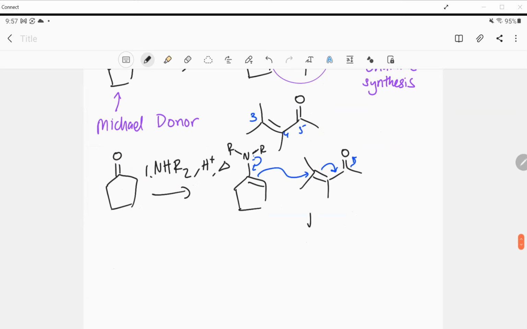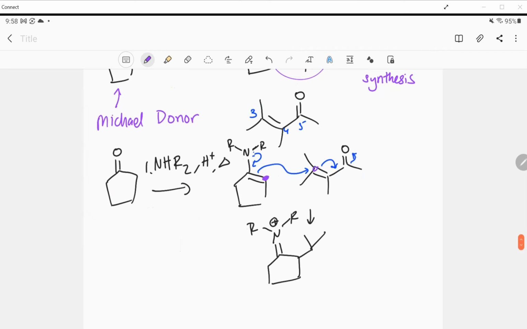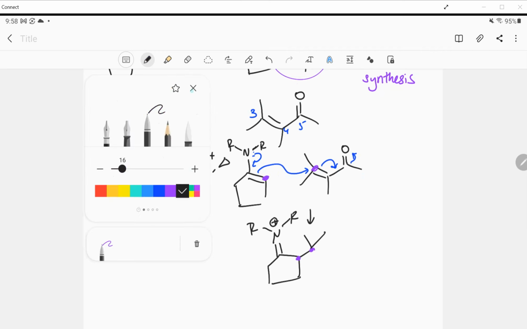I have no space, as always. We have our imine, or iminium, I suppose, because it's charged. And now we're going to have the new bond that's being formed between our purple carbons. So those are our purple carbons. Now we just have to put everything else that's on them.